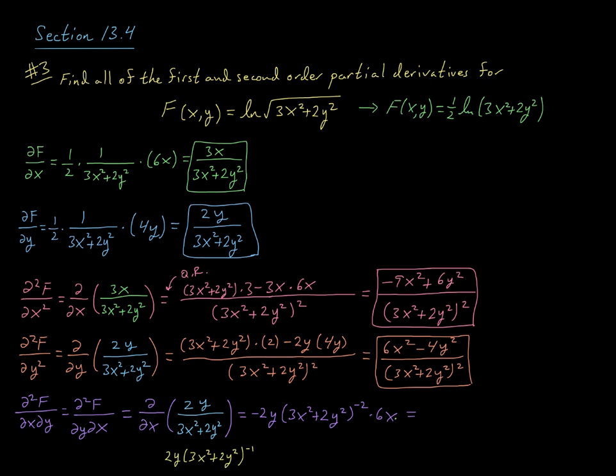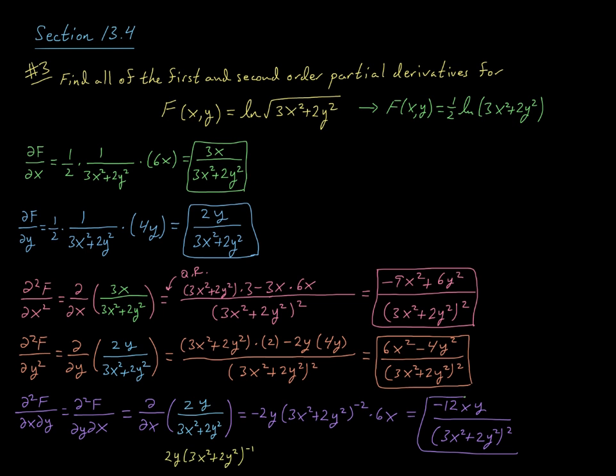Okay, so when all is said and done here, combining, I'm going to get a minus 12, because the 2 and the 6 multiply, so minus 12xy, and then that's being divided by the term 3x squared plus 2y squared, quantity squared.